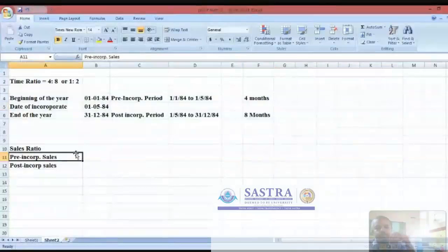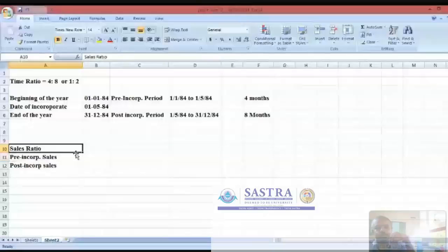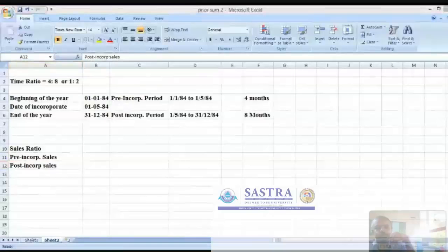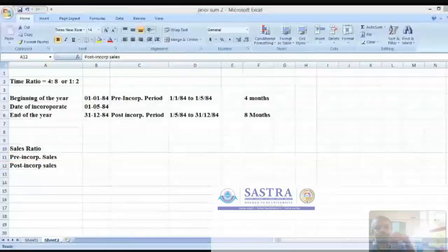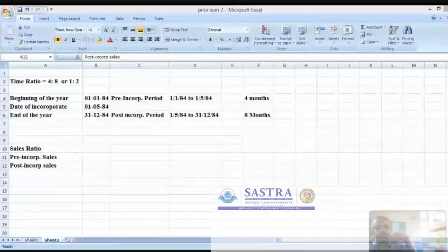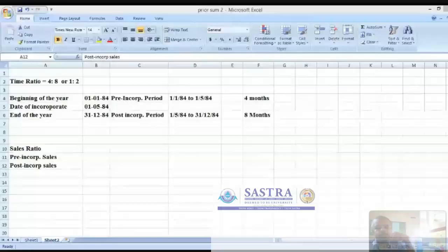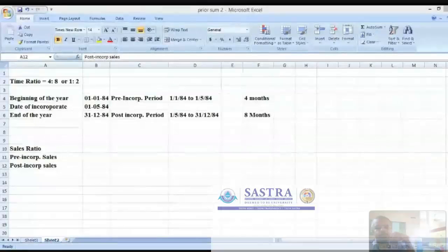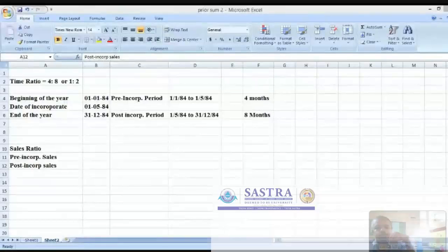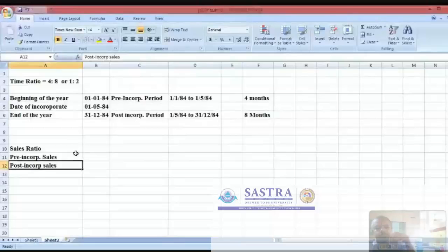Okay. So for the sales ratio, pre-incorporation sales and post-incorporation sales, 2 sales are required. Just to go through it, the turnover for the year ended 31st December was 2 lakhs, namely rupees 60,000 for the first period up to 1st May and rupees 1,40,000 for the following period. So up to 1st May, that is the pre-incorporation period, sales is 60,000.